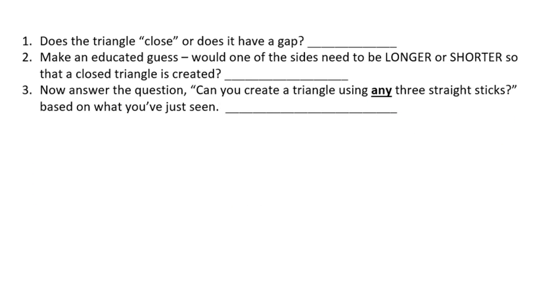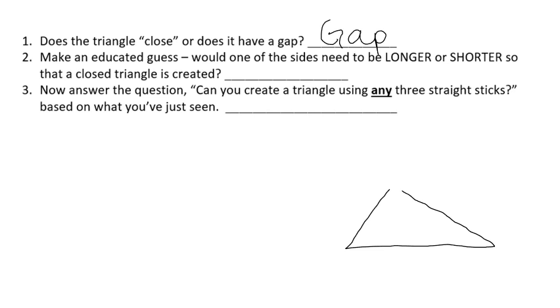Now, as we said in the previous slide, does the triangle close or does it have a gap? It had a gap. And what would you think would need to happen if we had a gap? Let's draw that again. Would one of the sides need to be longer or shorter? How could we close that gap?